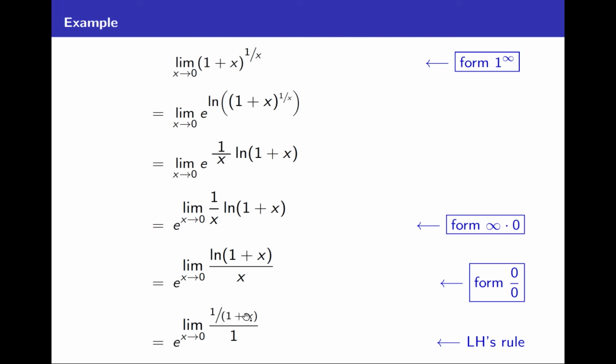And if you put in a 0 right there, it's 1 over 1 plus 0. 1 over 1. So we're at a point now where we can just evaluate this limit. We get e raised to the power of 1. That's e to the power of 1, and that's e. So there we go. The limit as x goes to 0 of (1 plus x) to the power of 1 over x equals e.